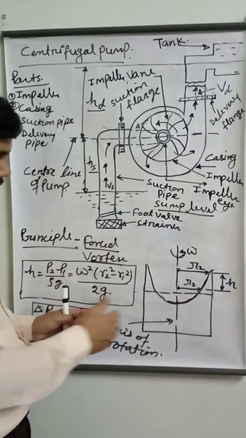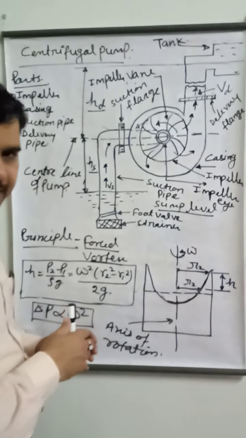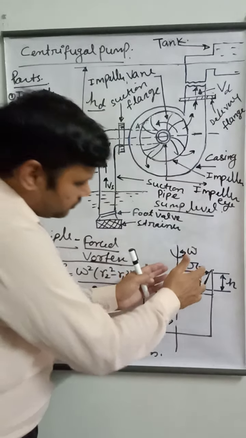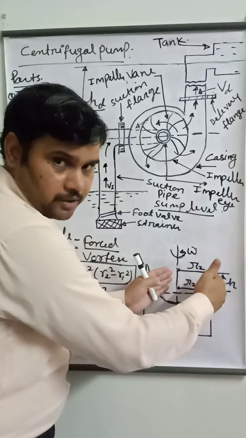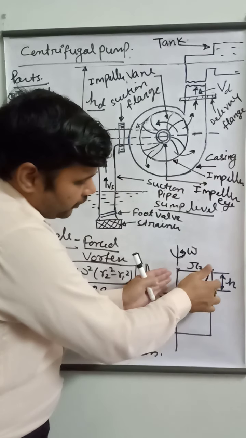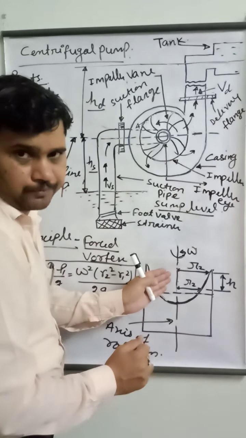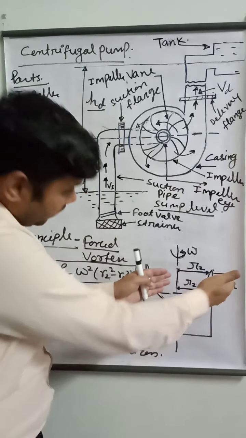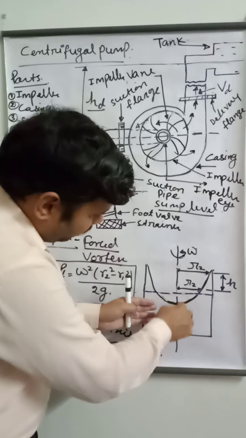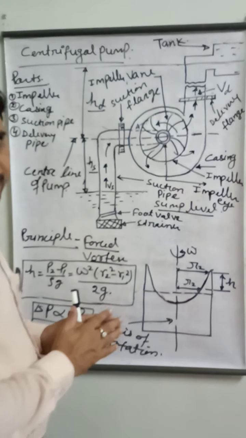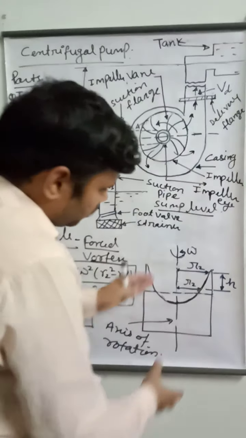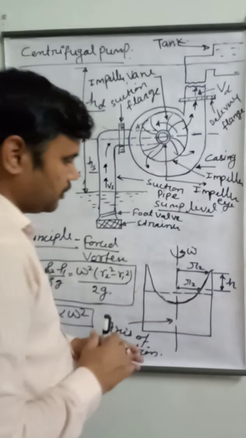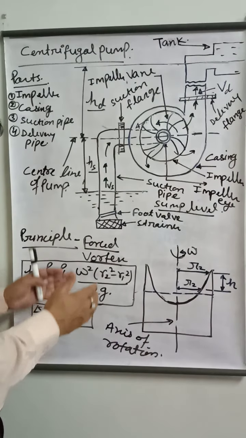Then what will happen? Suppose this is the initial level of the liquid in this tank. When it is rotated, in the outward direction the level of liquid will rise, but in the radially inward direction the level of liquid will fall. Let this be the difference in level.